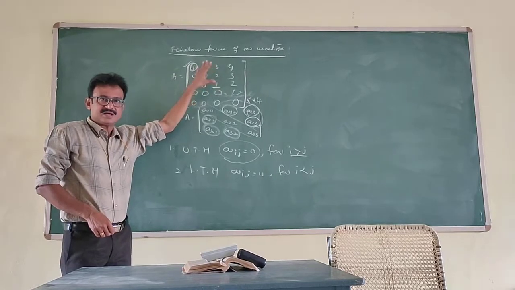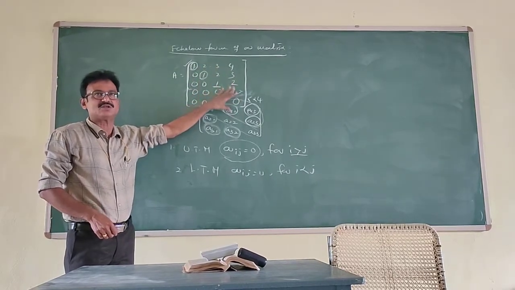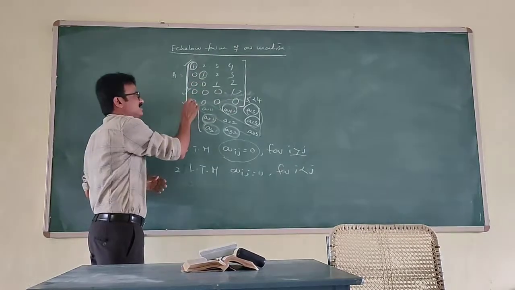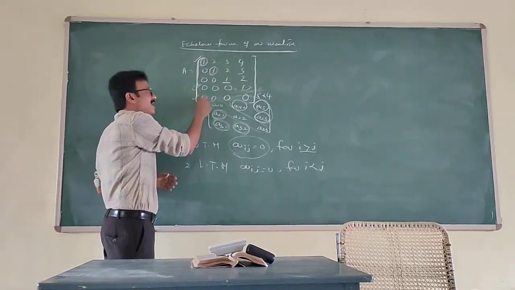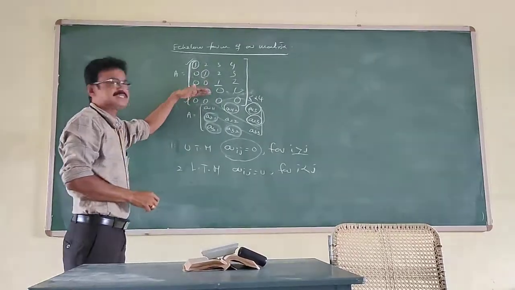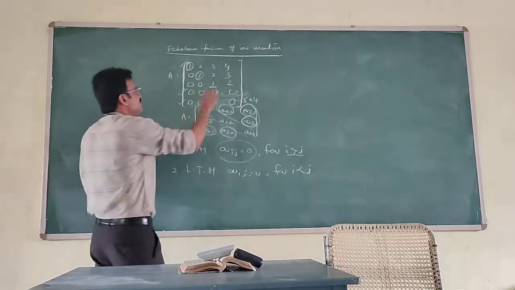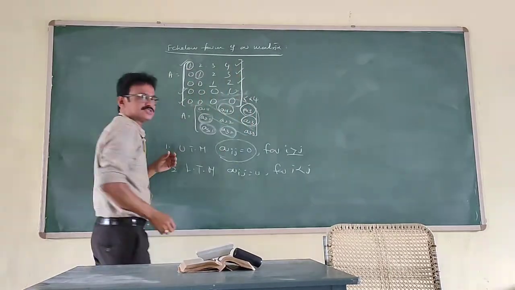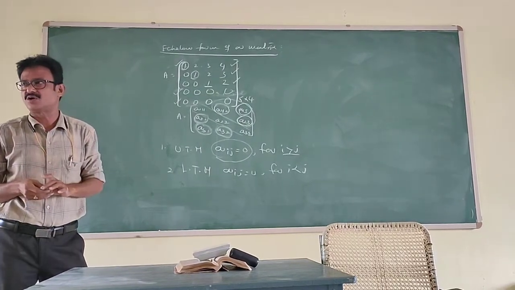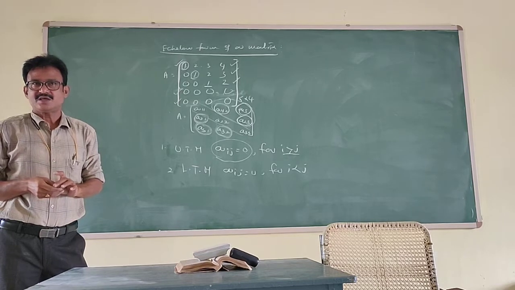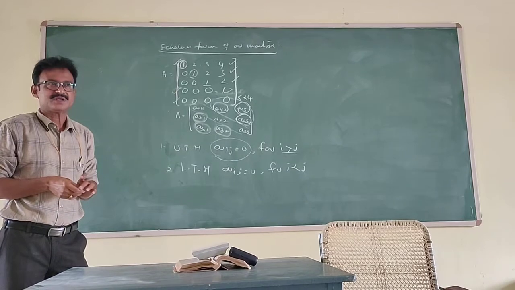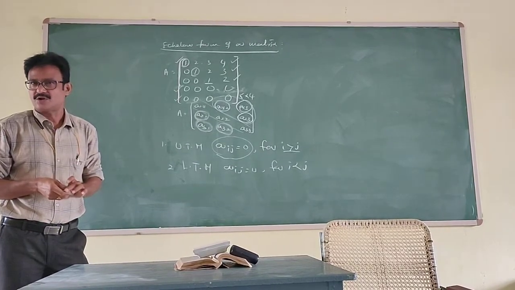The second point is that all the non-zero rows, if any, precede the zero rows. Here the zero rows come after the non-zero rows. The first 3 rows are non-zero rows. When do you say that a row is a non-zero row? If in that row at least one element is not equal to 0, then it is called a non-zero row.